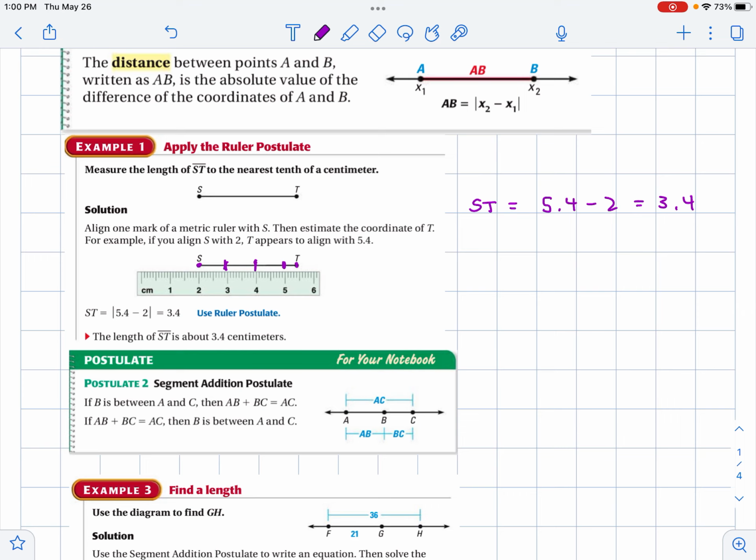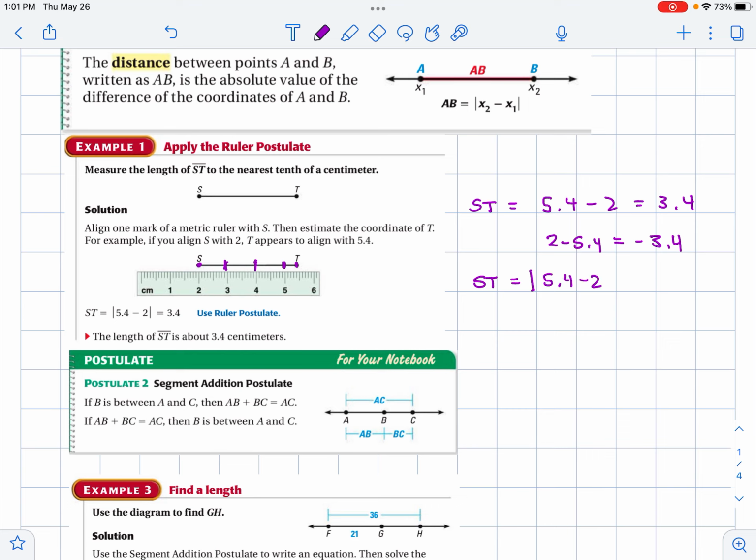Now, look, sometimes though, it doesn't matter if we start with the big number and subtract the smaller. What we could do is this. We could say 2 minus 5.4, and then we get negative 3.4. Now, it doesn't make any sense to talk about negative distance. So whenever we talk about measuring distance, we always put it in absolute value.